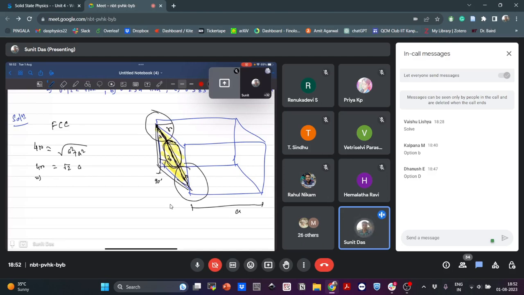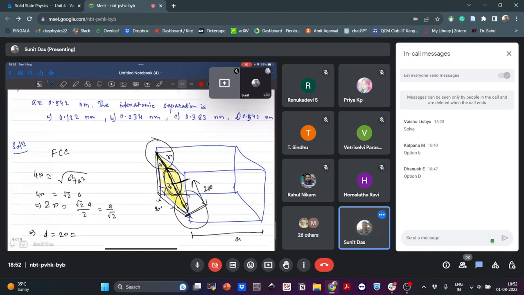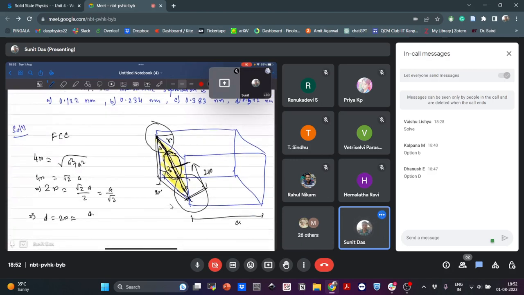And r is basically the radius, so the interatomic separation will be 2r, right? By interatomic separation we mean the center to center distance. This one will be 2r. We need to find what 2r is for this case. So the interatomic distance or the diameter d equals 2r, which will be a by root 2, that is 0.542 by root 2 nanometer.